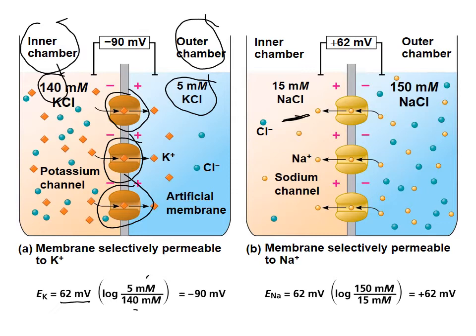So we're just going to use the equation again. It's 62 millivolts times the log of the outside, which is 150 millimolar, divided by 15 millimolar, which is the inside concentration of the ion, to get positive 62 millivolts of equilibrium potential for sodium.